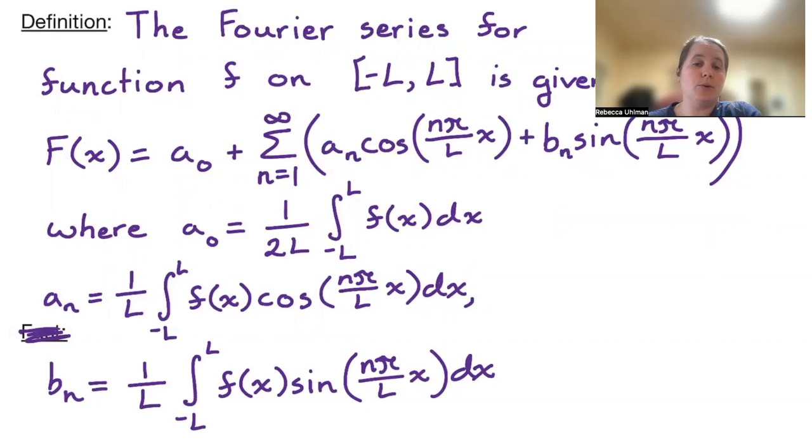So just a quick note, these a sub 0, a n, and b n are precisely what we would need for this series to basically be the original f of x.